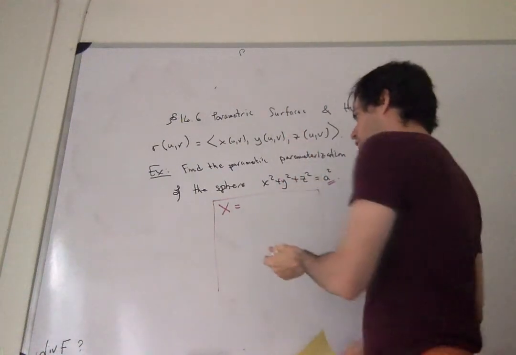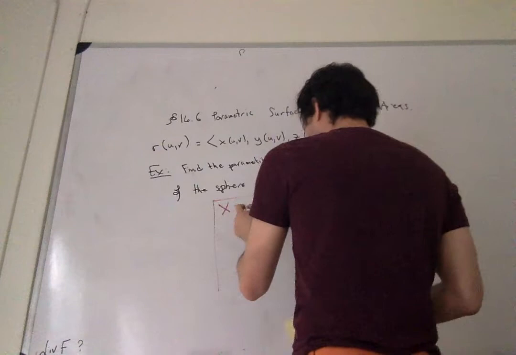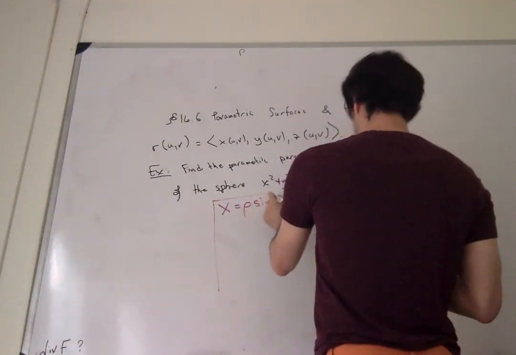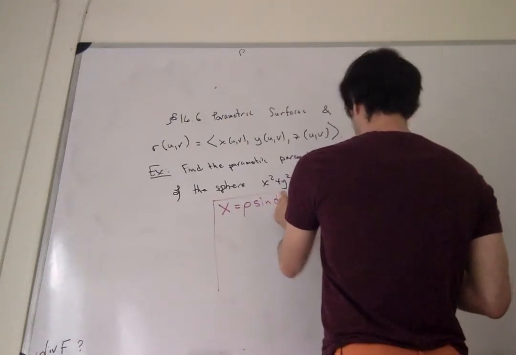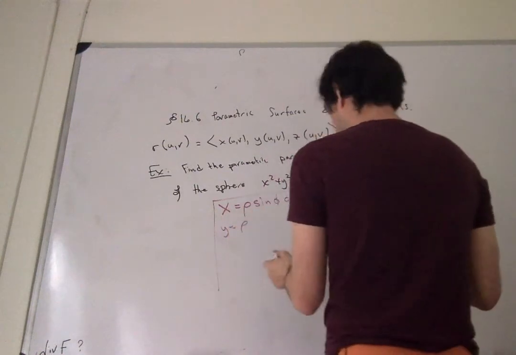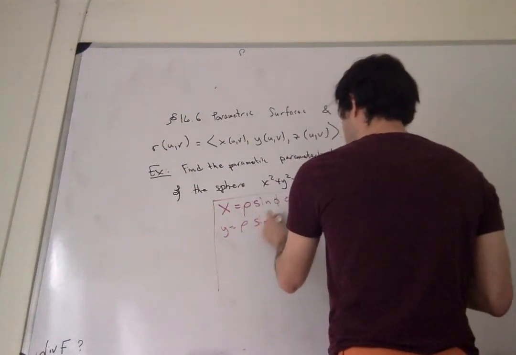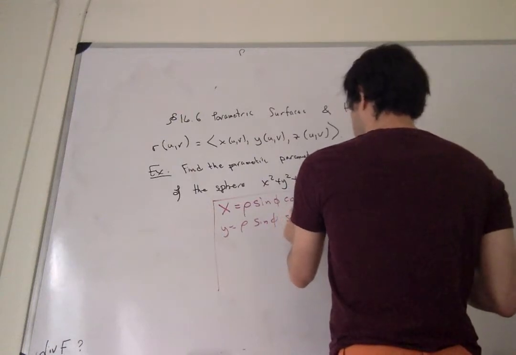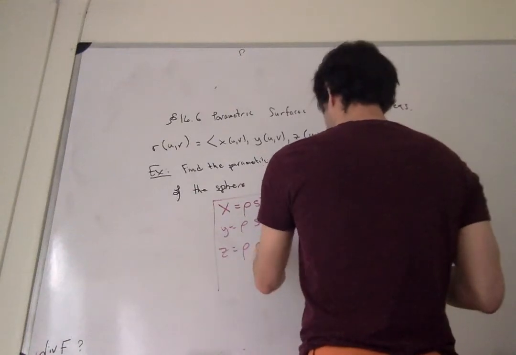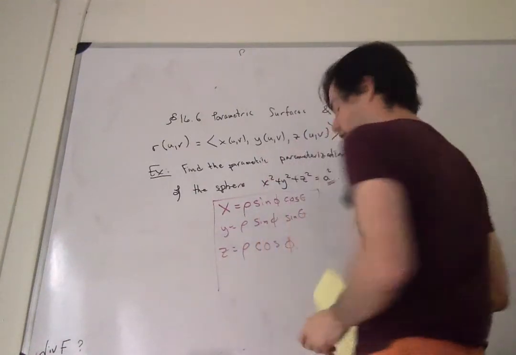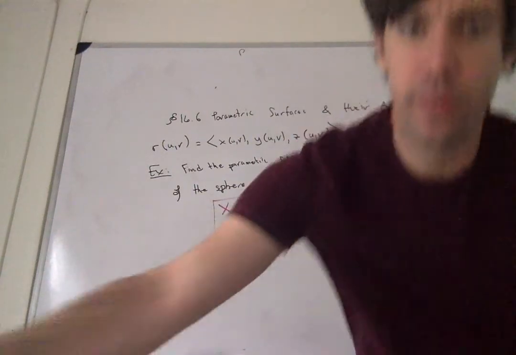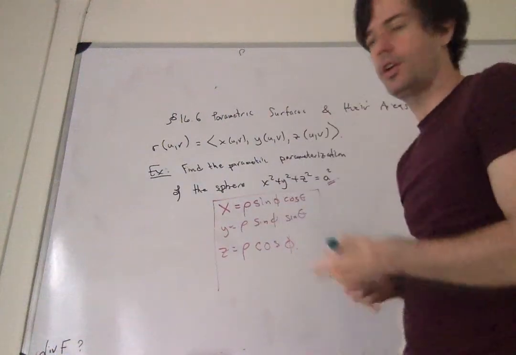So in general, the spherical coordinates say that x equals rho sine phi cosine theta, y equals rho sine phi sine theta, and z equals rho cosine phi. Okay, so that is the general spherical coordinate system.